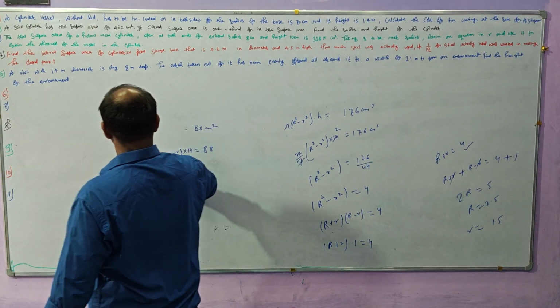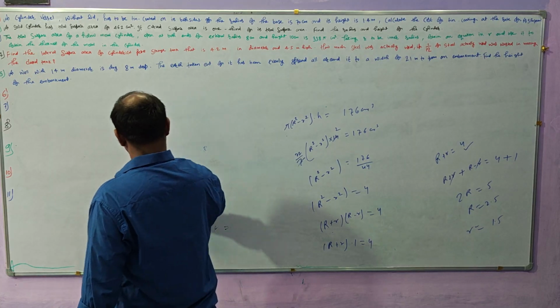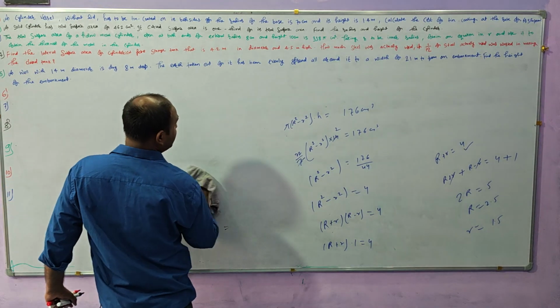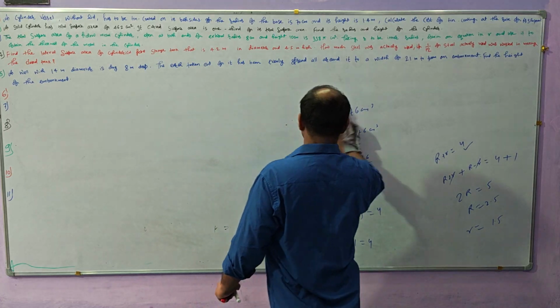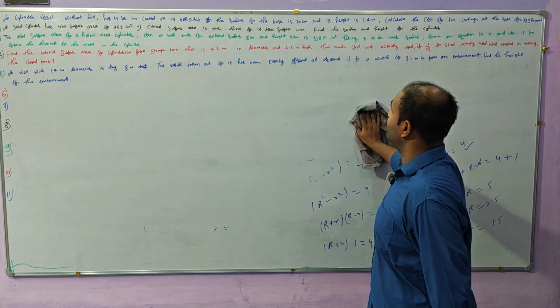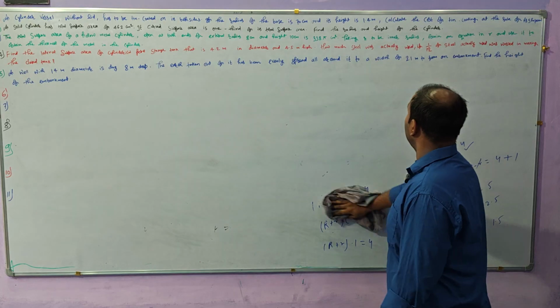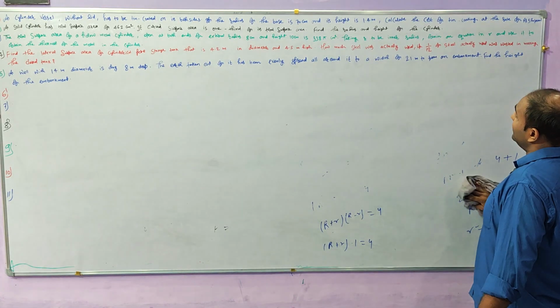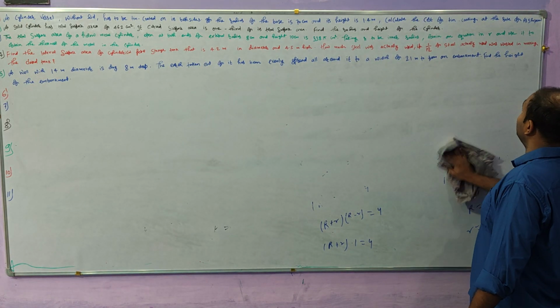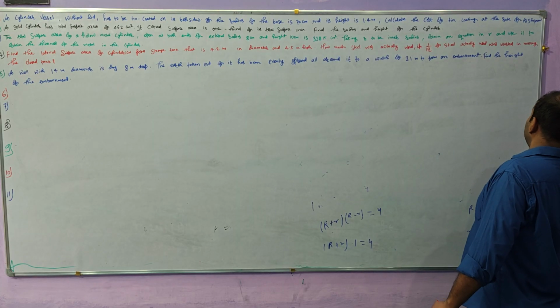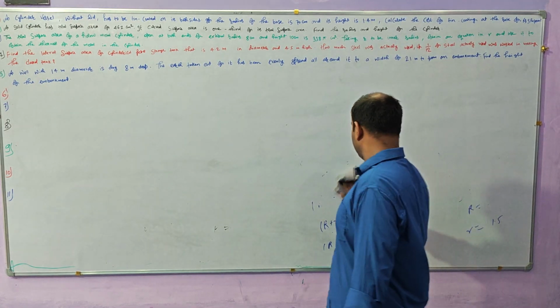A well with 14 meter diameter is dug 8 meter deep. The earth taken out of it has been evenly spread all around it to a width of 21 meter to form an embankment. Find the height of the embankment.